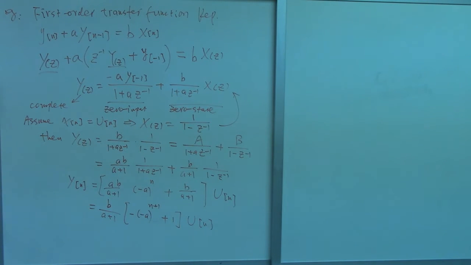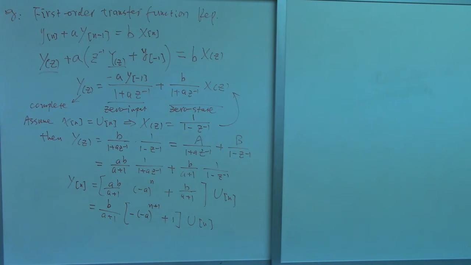Maybe the second way is better. Usually I will ask you what is the zero state response, what's the zero input response, then what is the complete response. If you still remember in ECET323, when we discussed second order circuits, we also had this kind of concept, zero state response and zero input response, then complete response. And this is exactly the same concept.